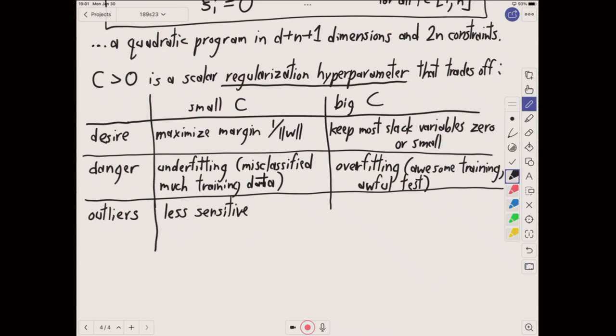No one training point has an unduly large influence on the decision boundary, which is usually a good thing, especially if your data is unreliable. If you make C big, then it becomes more sensitive, which is only a good thing if your training data is extremely reliable.